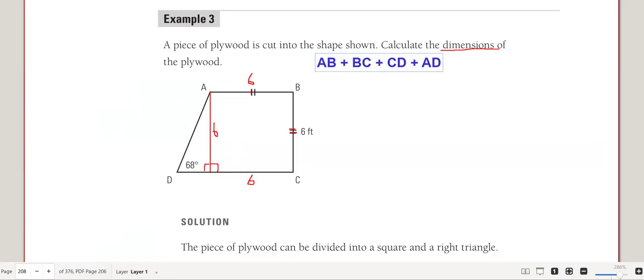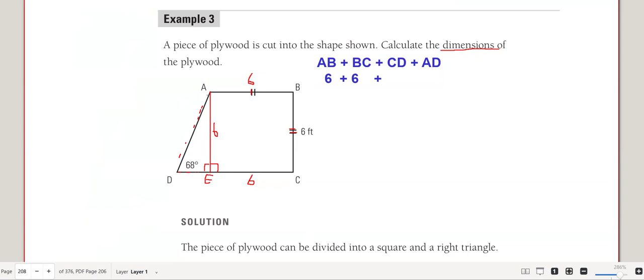That's what I'm finding. Now I know what AB is. It's 6. It tells me. I know what BC is. It's 6. It tells me. Now CD, I know what C to this thing is. I'm going to say, in fact, I'm even going to say this one here is E. I know what that is, but I don't know this last part here, nor do I know these parts. So this is what I'm trying to find.